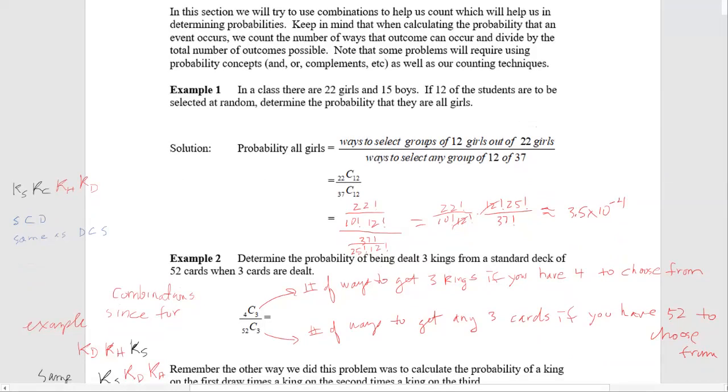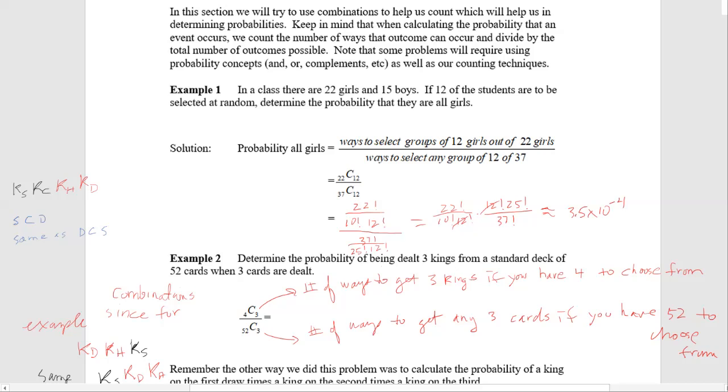There are 22 girls and 15 boys. If 12 of the students are to be selected at random, find the probability that they're all girls. So the probability all girls equals the number of ways you could select the 12 from 22. And these are combinations because it's a group.